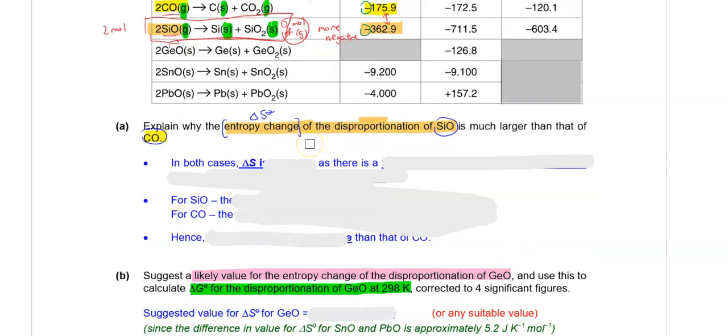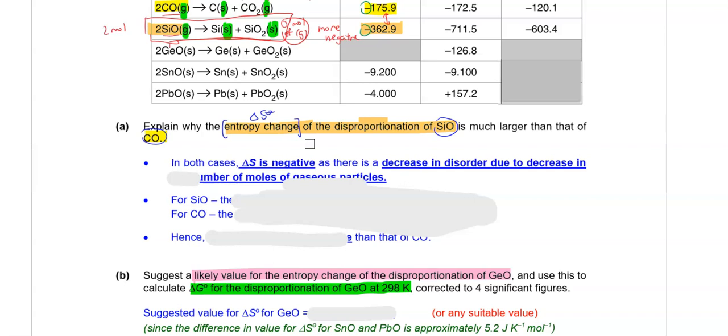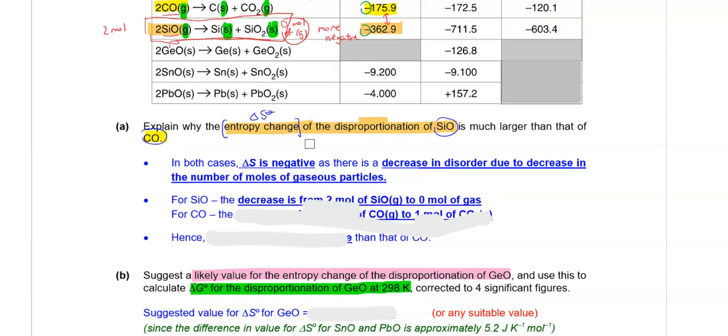So that will frame our answer for part A. First of all, explain why there is a decrease in entropy: because of the decrease in the number of moles of gaseous particles for both reactions. Then organize your answer to highlight the difference. For SiO, the decrease is from 2 moles to 0 moles, whereas for CO it is from 2 moles to 1 mole.